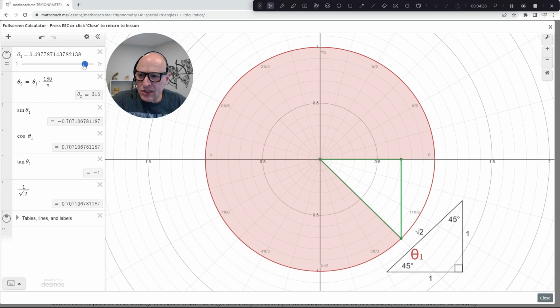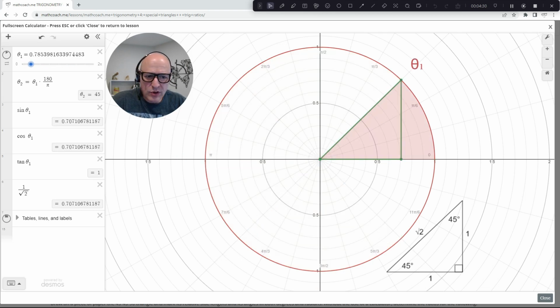Okay, let's start in quadrant 1 with our 45 degree angle, or our pi over 4 angle for theta 1, expressed in degrees. So when we look at the trig ratios, you can see I've also inlaid our special triangle here so I can quickly check the relative sizes as I'm applying SOHCAHTOA.